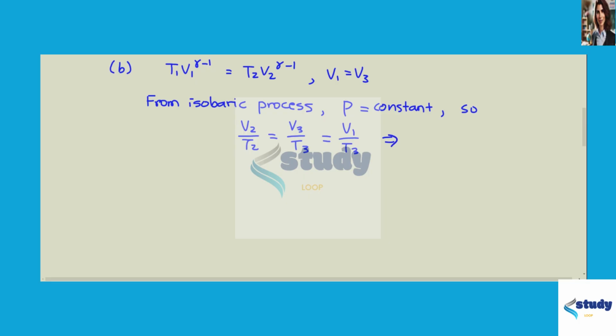So from here we have V1 over V2 equal to T3 over T2. And we also have V1 over V2 to the gamma minus 1 equal to T2 over T1. So this means that T3 over T2 to the gamma minus 1 is equal to T2 over T1.